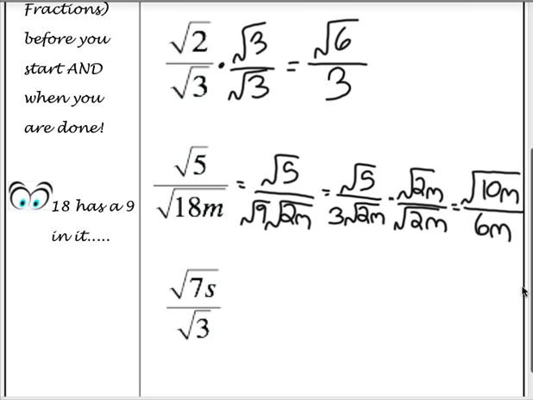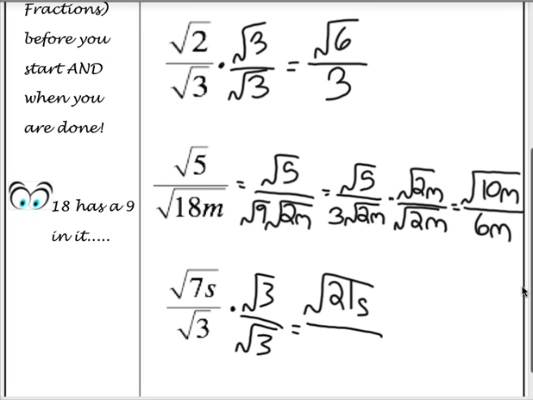All right, our next example, square root of 7s divided by square root of 3. I can't reduce the fraction. I can't simplify either radical expression, so I can just jump straight into rationalizing the denominator. On top, square root of 7s and square root of 3 are both inside the radical, so I can multiply them together to get square root of 21s.